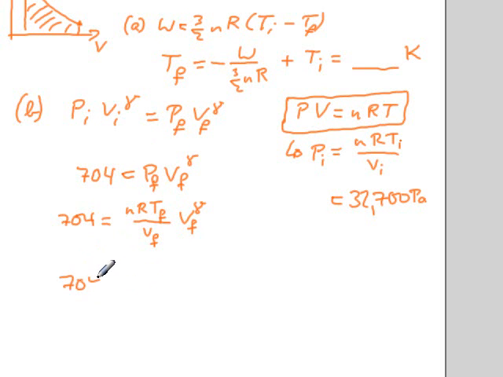704. There was nothing better to do. This is of course a 4 as usual. nR TF, which we know, times VF to the gamma minus 1, one of the laws of the exponents.